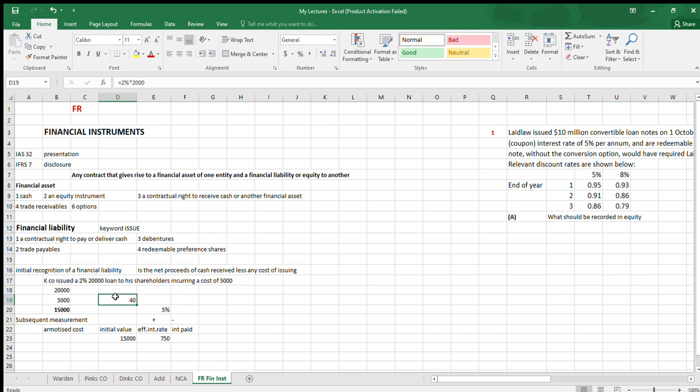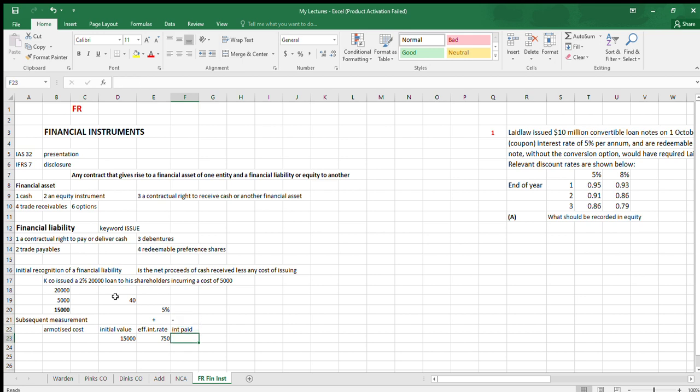But the effective interest rate is always multiplied by this initial value, or by any figure here on the left side. So you will pay 40 throughout. But it is supposed to be negative, interest paid, you see there's a minus sign here.